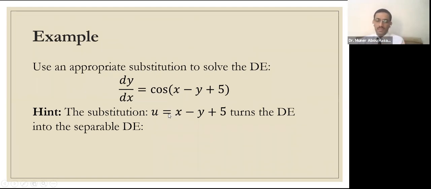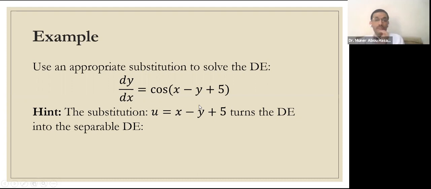It also isn't homogeneous of any degree, because if you write tx and ty, you can't take t as a common factor outside of the cosine. And I can't write it as y over x because I have cosine and here 5. If you take x as a common factor, it will be 5 over x, not y over x. So I can't solve it using any of the previous methods.